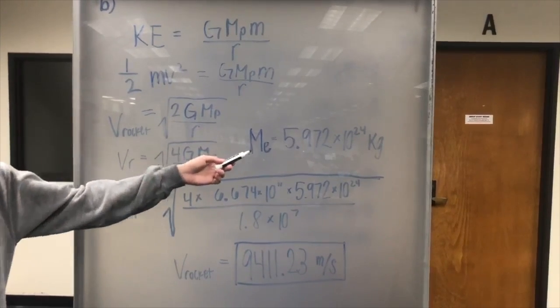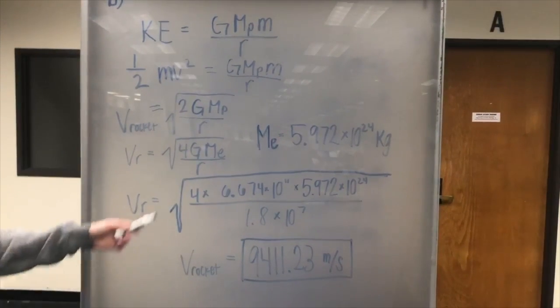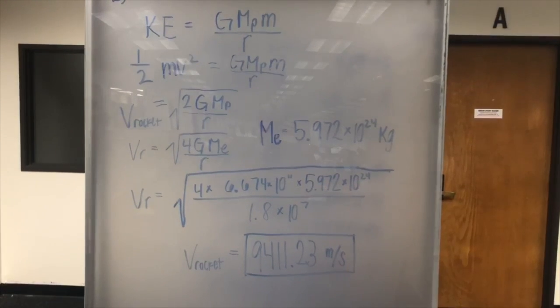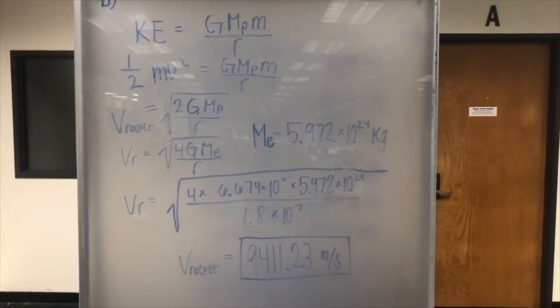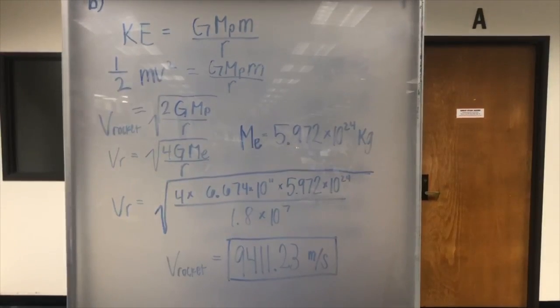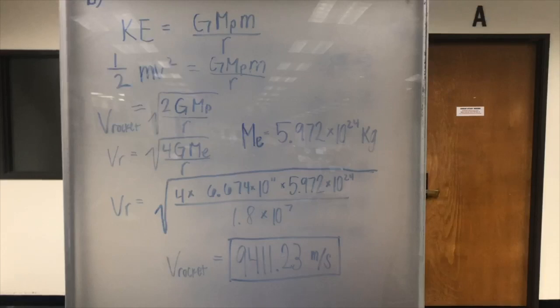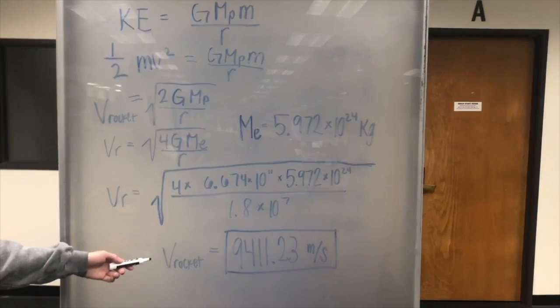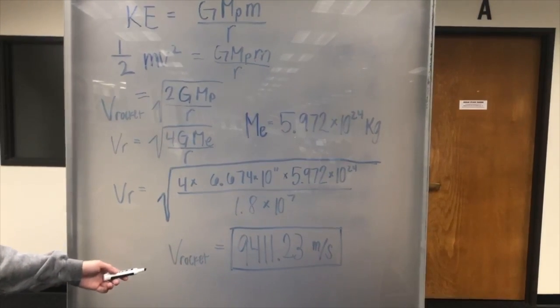We can substitute mass of the planet in for 2 times mass of Earth, and we know that the mass of the Earth is 5.972 times 10 to the power 24 kilograms. After plugging everything in, the velocity of the rocket comes out to be 9411.23 meters per second.